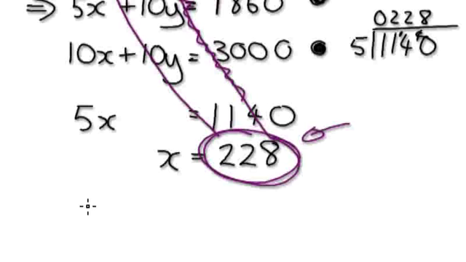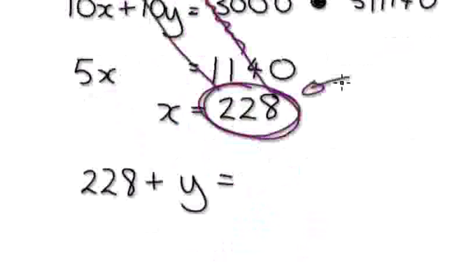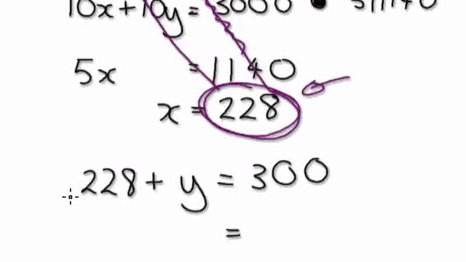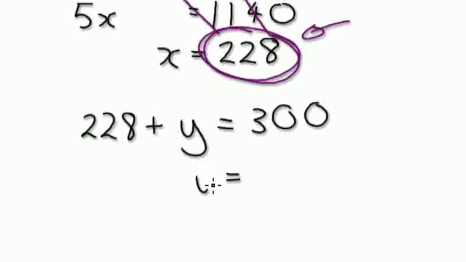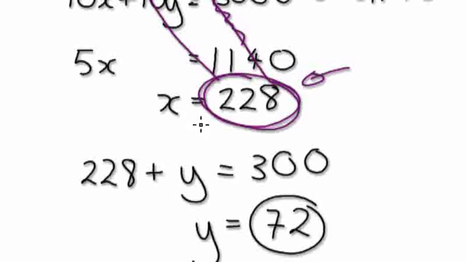It will be 228 plus y equals what? 300, right? So we are putting 300 into here. Now take away 228 from both sides. So y equals 72.